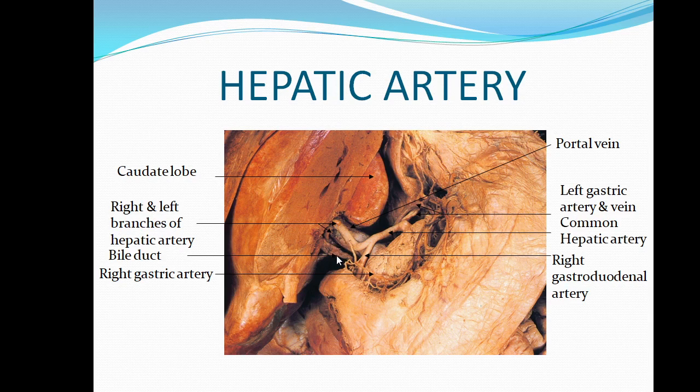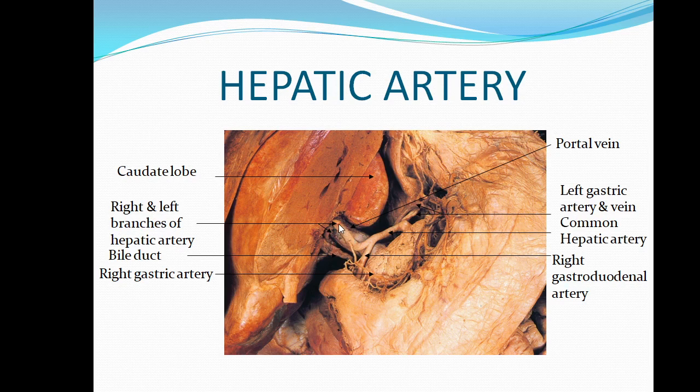Here you can see on its right lies the common hepatic duct and the bile duct, and posteriorly lies the portal vein, which here in the porta hepatis divides into the right and the left branch.